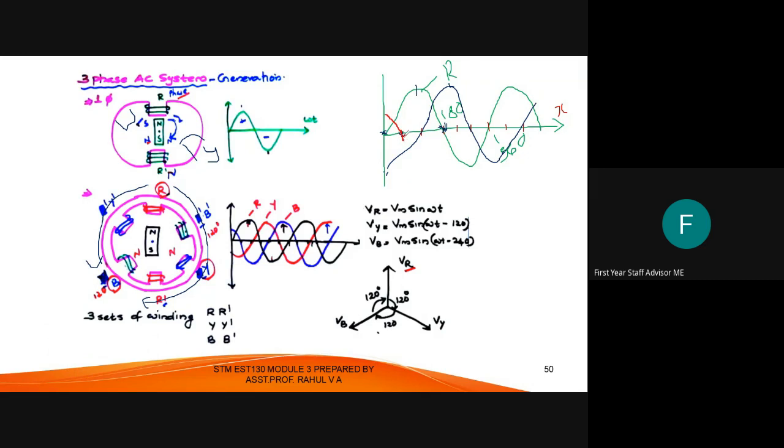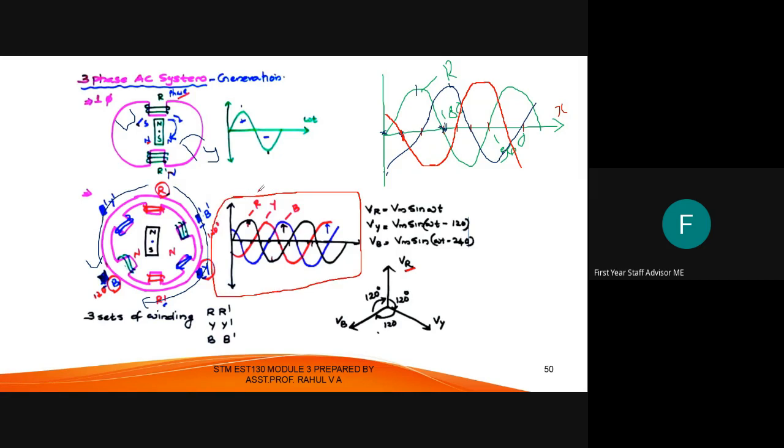Okay, it should cross 0 here, and after 90 degrees, at 150, it should reach peak value, and after reaching peak value, again 60 plus 240, at 240 it should cross 0. So I should draw like this. So this is what I have drawn here. You can see the waveform here.